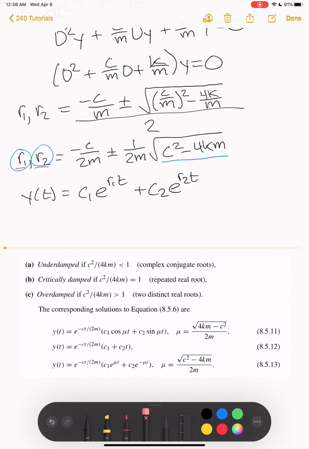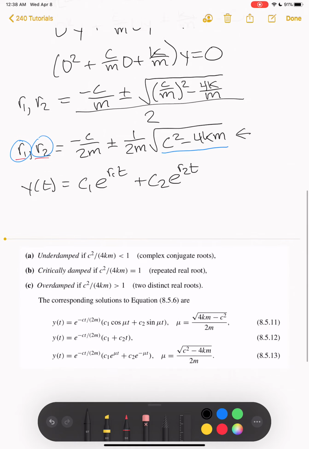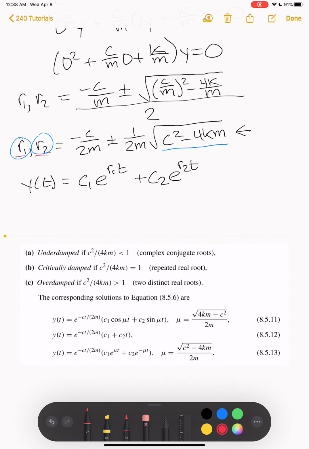So you'll notice that if we were to have repeated roots, this radical would have to be equal to 0. That would get rid of this entire term here, and we just have R1 and R2 be equal to the same thing, this negative C over 2M.